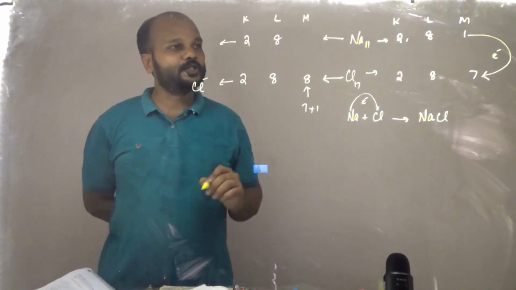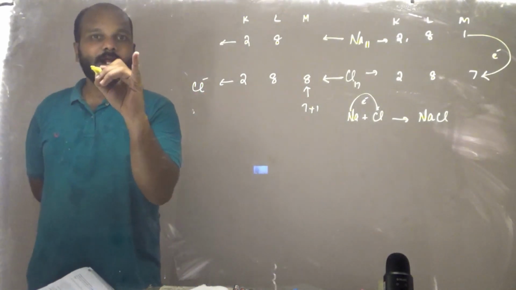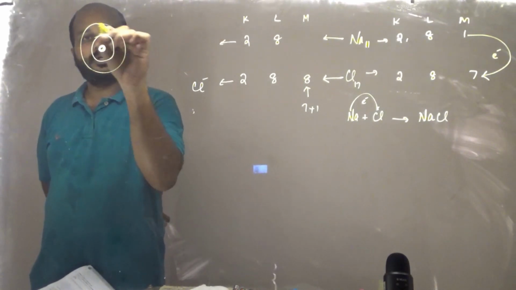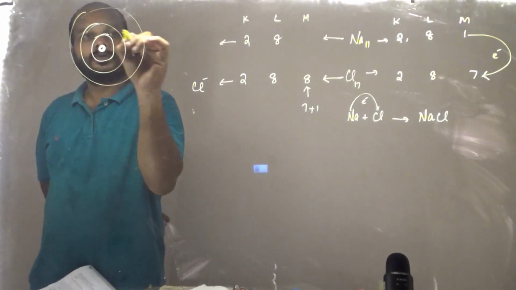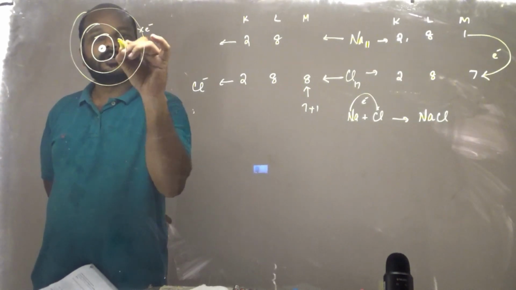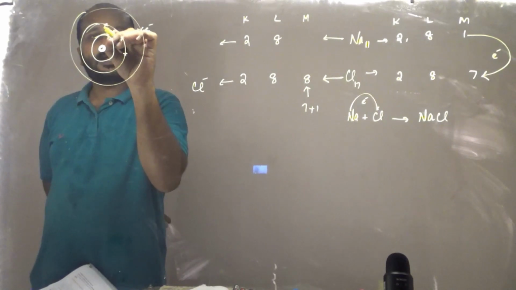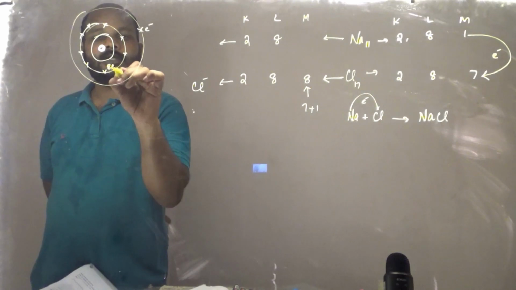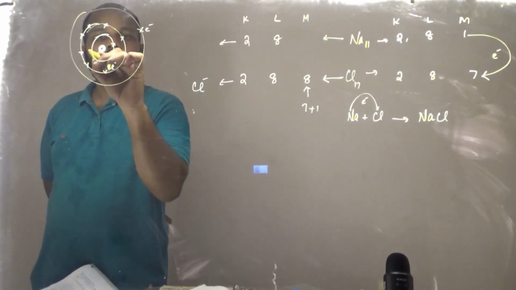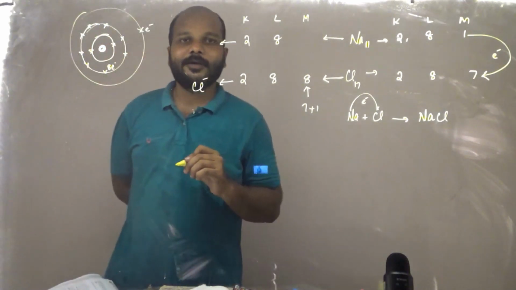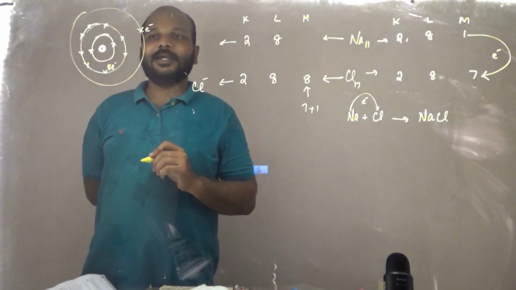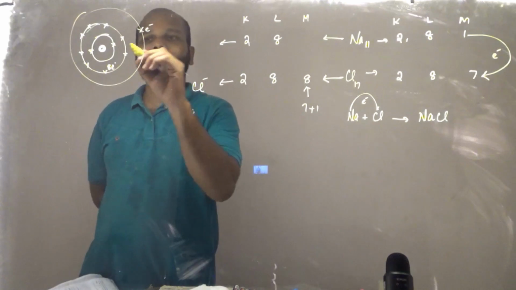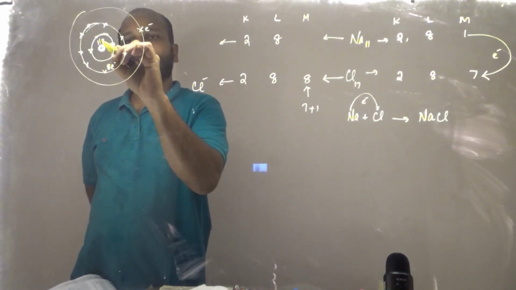Here, take the outermost shell of sodium, 2, 8, 1. Counting 1, 2, 3, 4, 5, 6, 7, 8, so 8 electrons, and here 2 electrons, right? When it loses 1 electron, note that it already has 11 protons.